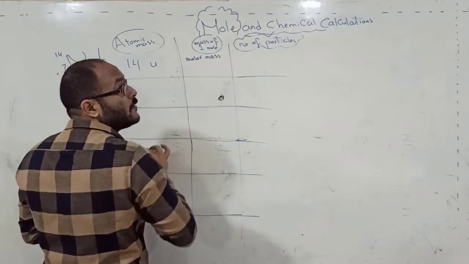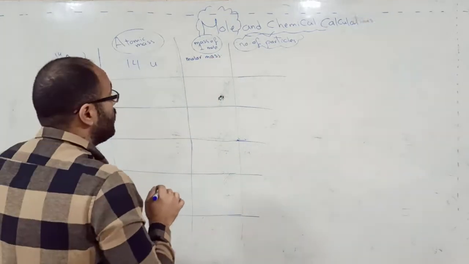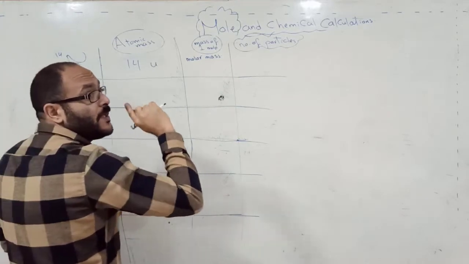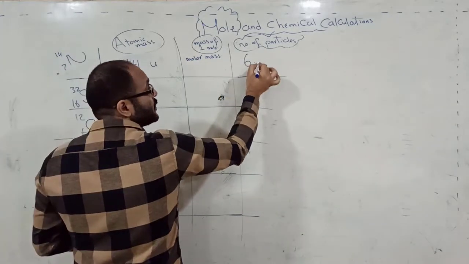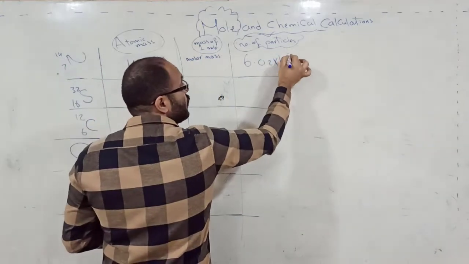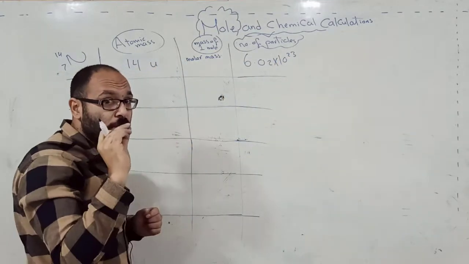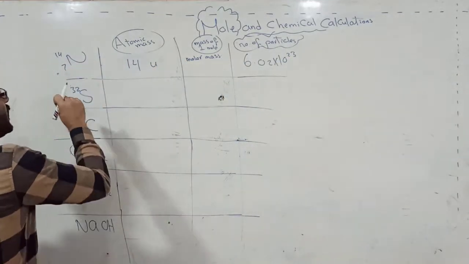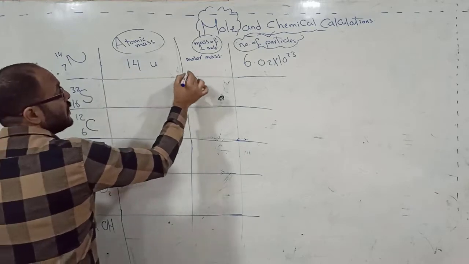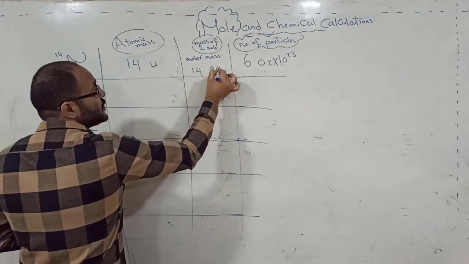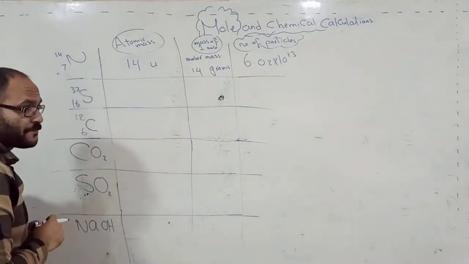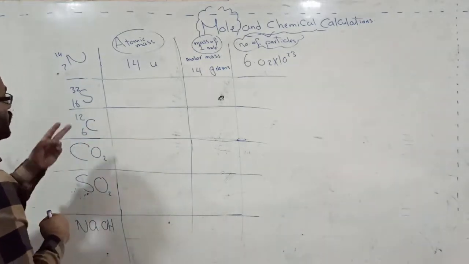If we want 1 mole of nitrogen, we don't need to count 6.02 times 10 to the power 23. Avogadro said just take the atomic mass in grams. Just take 14 grams.